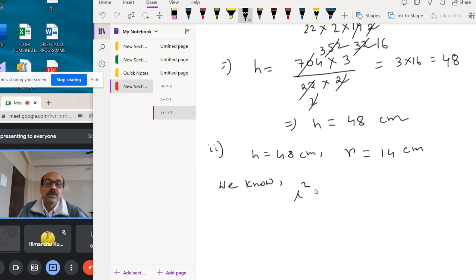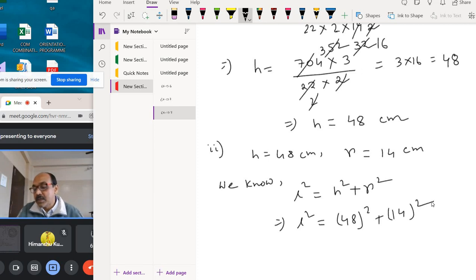L square equal to H square plus R square. So L is the slant height. So L square equal to H, H is 48 square plus radius 14 square. Now what is 48 square?